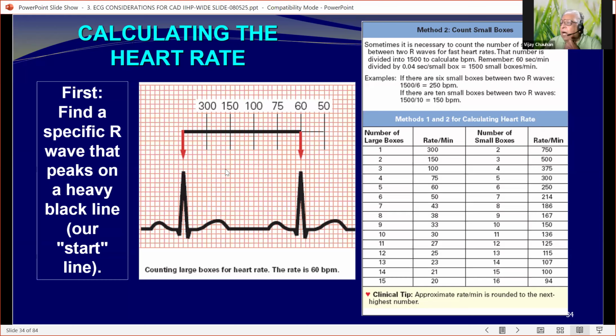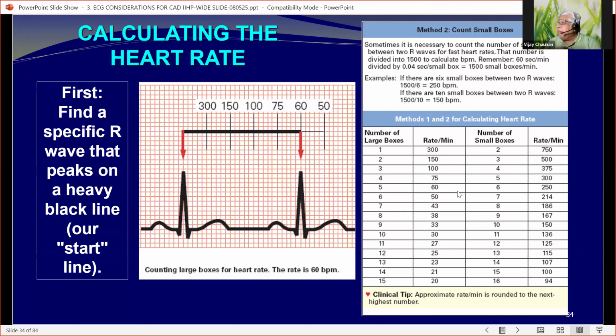So if two R waves in between have 5 big squares, we can divide 300 by 5 and you will get your heart rate. So 5 छक्के 30, तो 60 बीट्स पर मिनट आ गया.